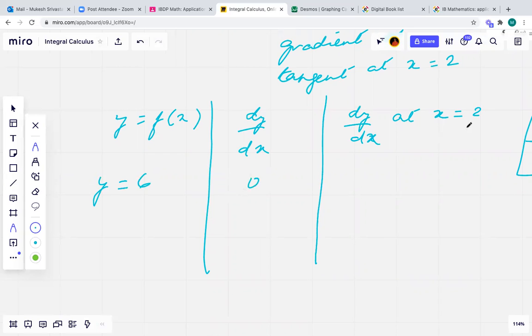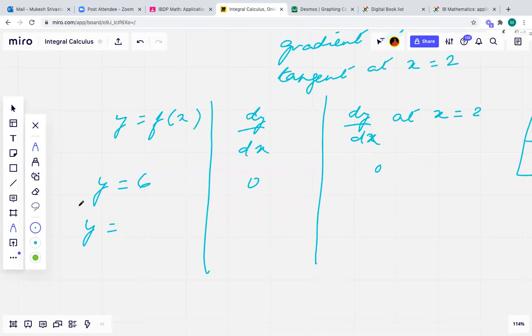The derivative at x equal to 2 is also 0. Correct. So always the gradient is equal to your derivative, right? The derivative is defined as the gradient, the rate of change of y with respect to x.